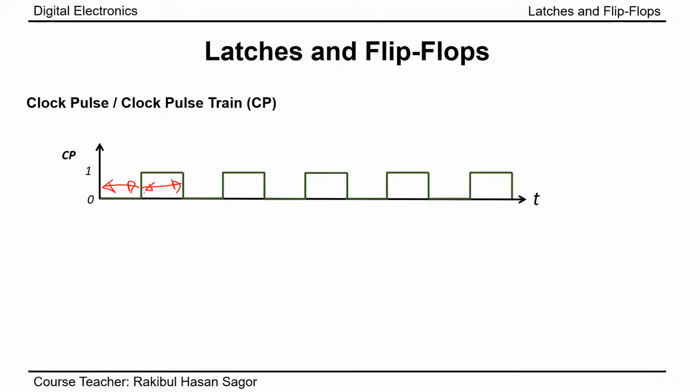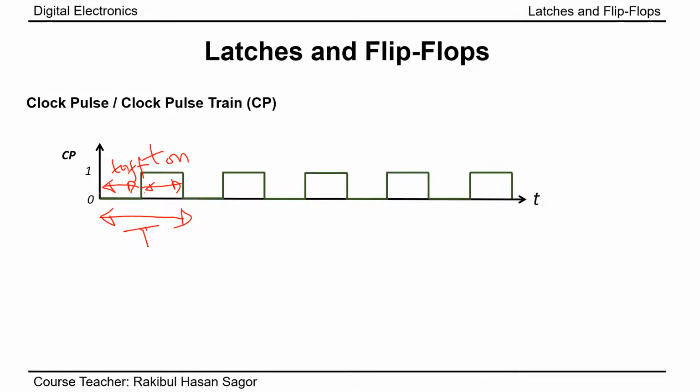In this way it continues, and one complete on and off time is named as period T, and this is T on time, and off is T off time.